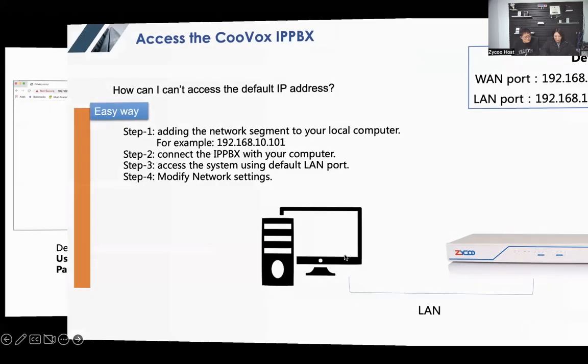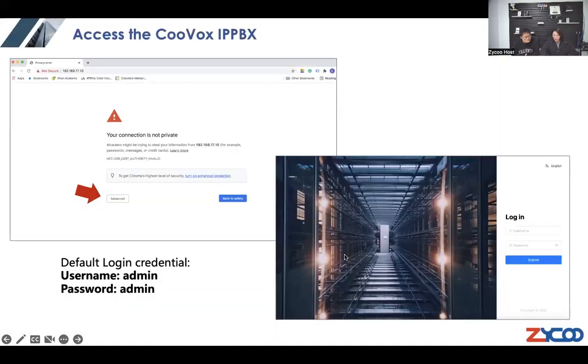And then after we are able to get to the login interface, you should see a page saying that your connection is not private. Then you need to click on the advanced button. After you click on it, about 3 centimeters below, there is a link called proceed to whatever the IP address is, like proceed to 1.100 or proceed to 10.100.